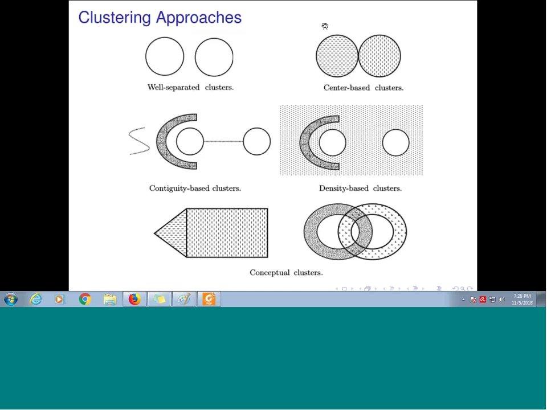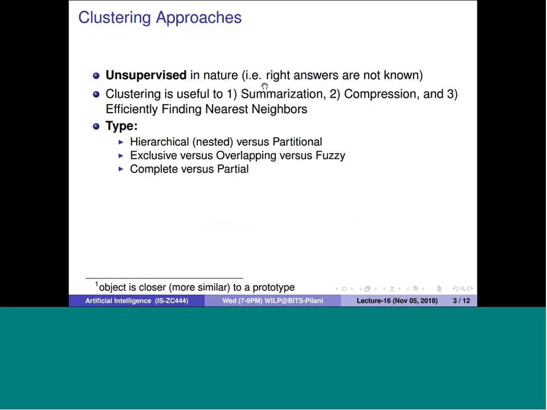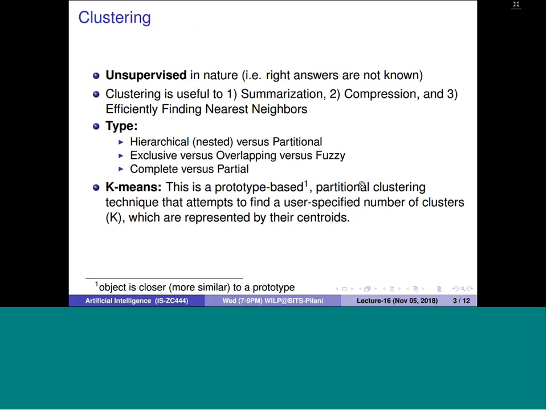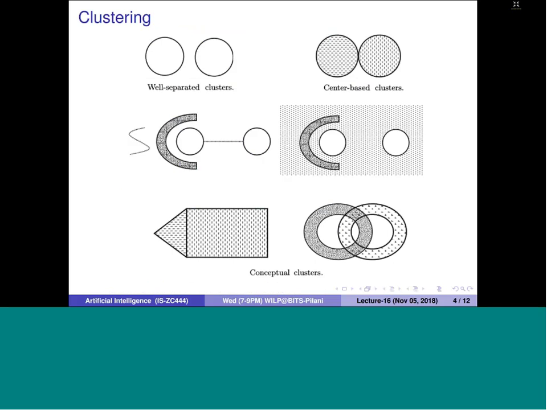To tackle this kind of problem, I told you that we can go for k-means clustering, where we have a prototype-based approach, and this applies the center-based clustering approach. There is one center point, there is another center point, and the points which are nearer to one center belong to one cluster, and points nearer to another center belong to another cluster.